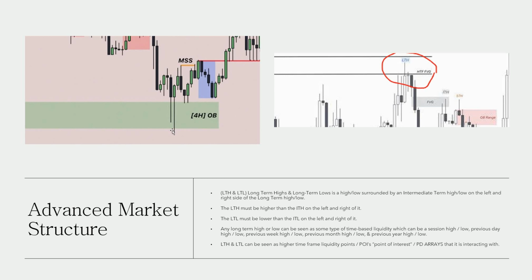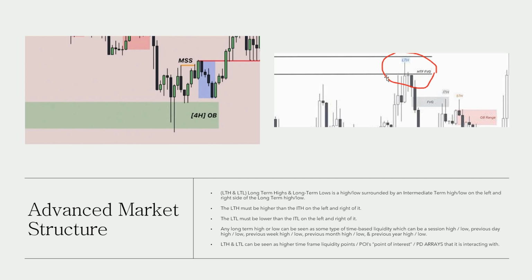This low here is going to be our long-term low. On the left and on the right of it, we have our intermediate term lows. Intermediate term low here, intermediate term low here. And they are higher than our long-term low.